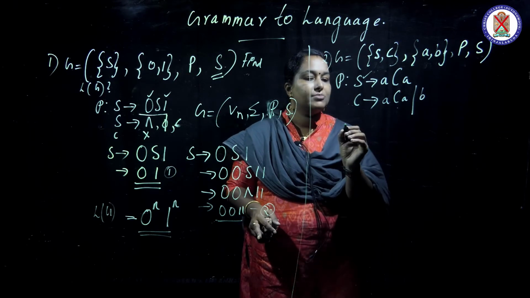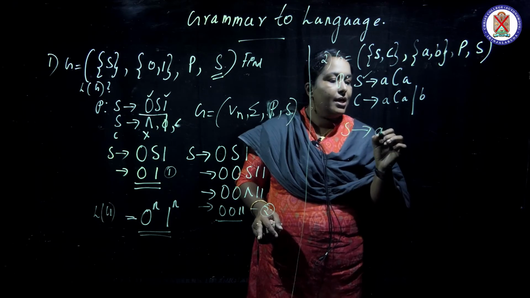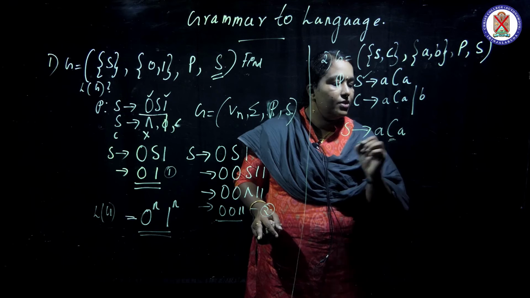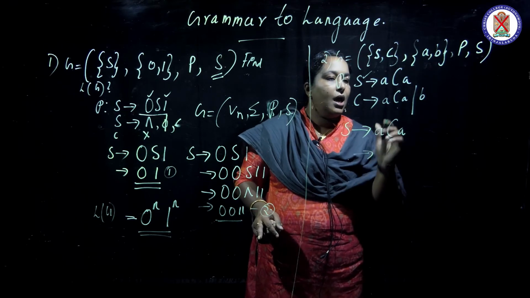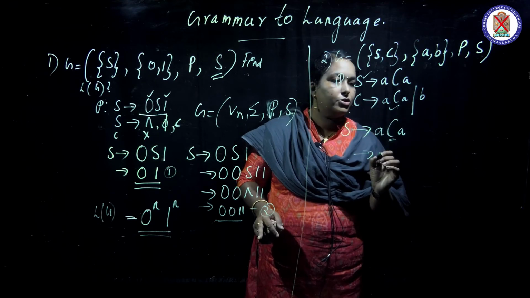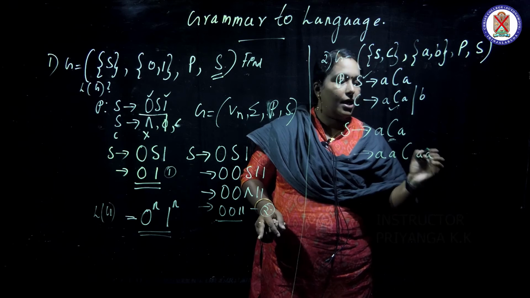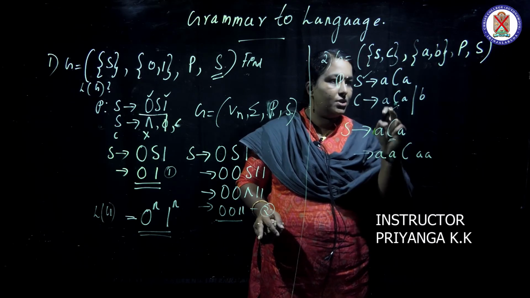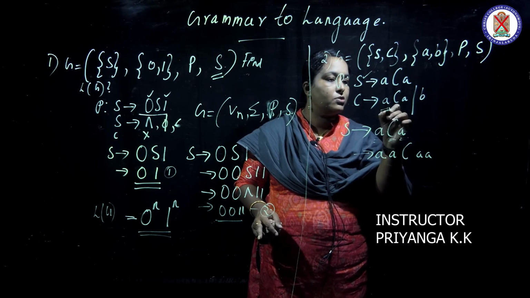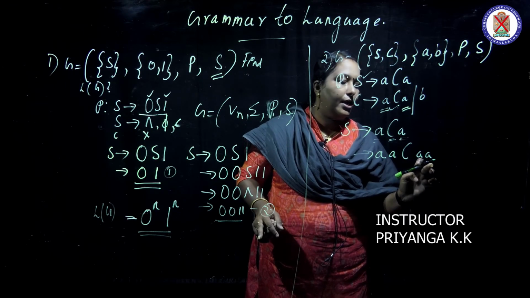So I am starting substitution from the start state. S gives aCa. Now I substitute for C. I substitute with the lengthiest production, that is aCa. I am substituting here for the C, so I already have one a here and one a there, and I will get aaCaa.